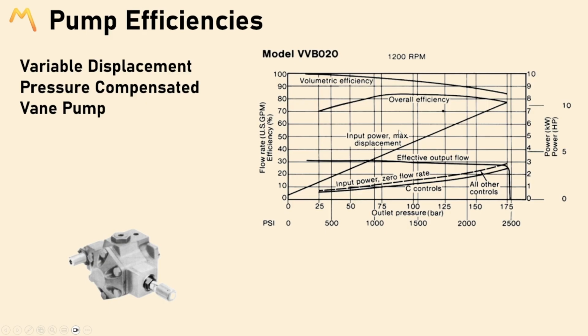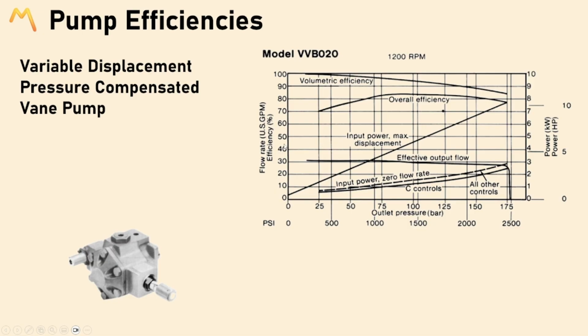So, on the x-axis here, we notice we have the outlet pressure reported in both psi and bar. Again, this is the same axis, it's just giving us both units so that we don't have to convert, whether we're working in psi or bar.